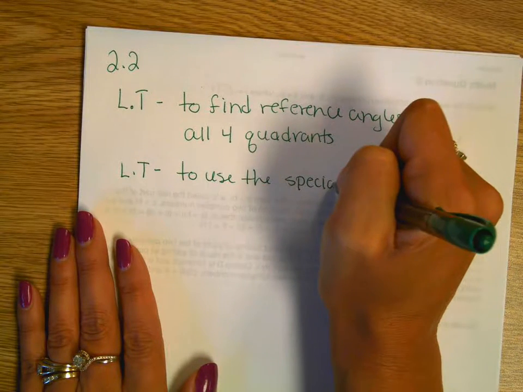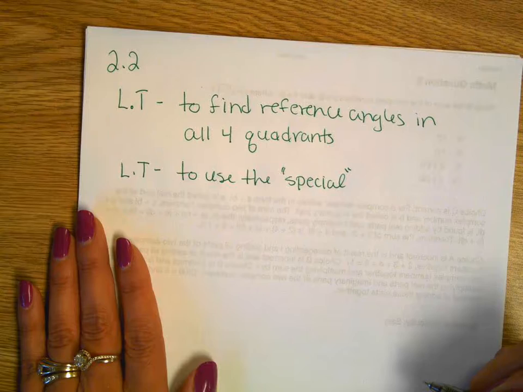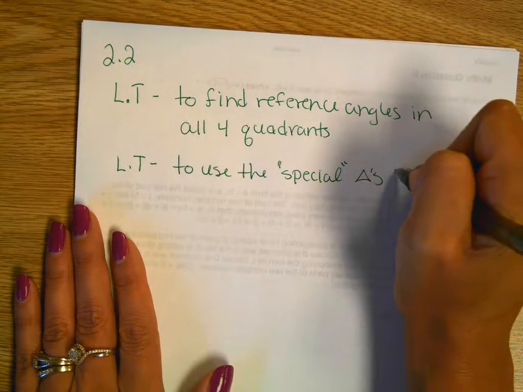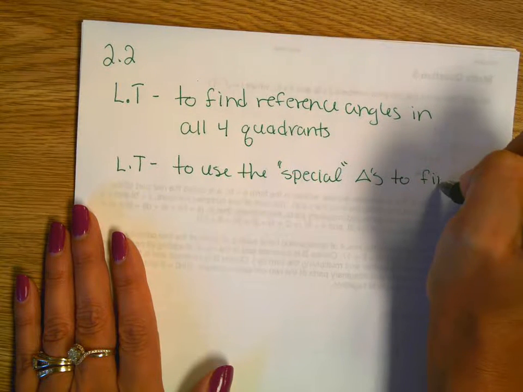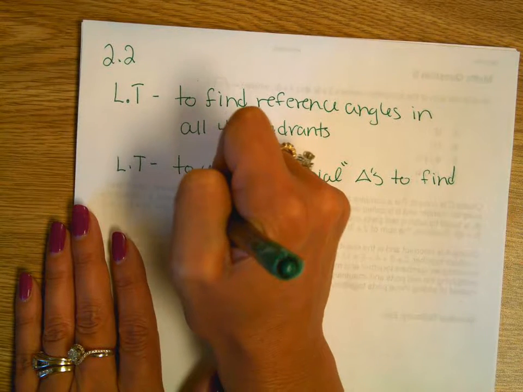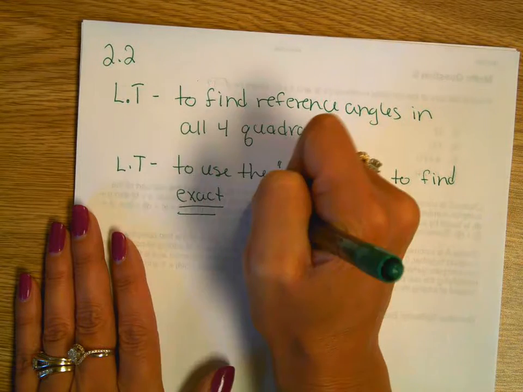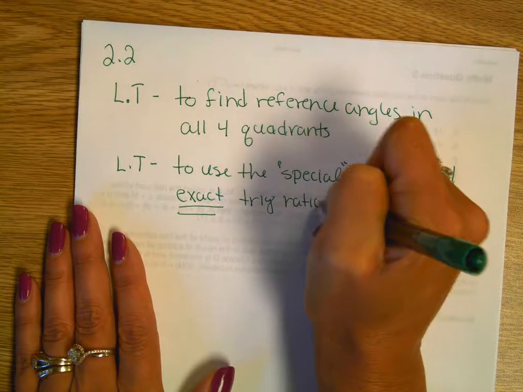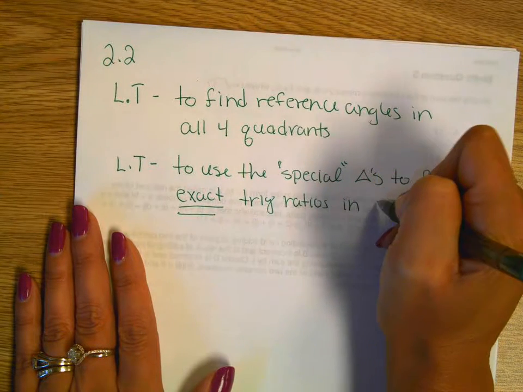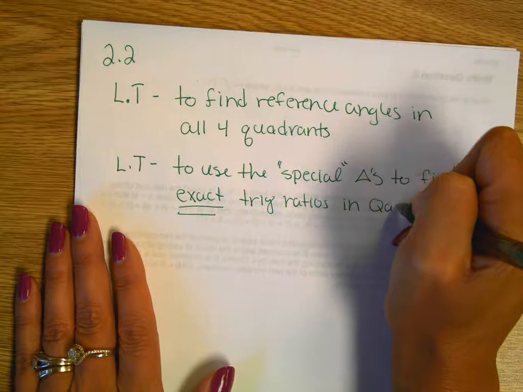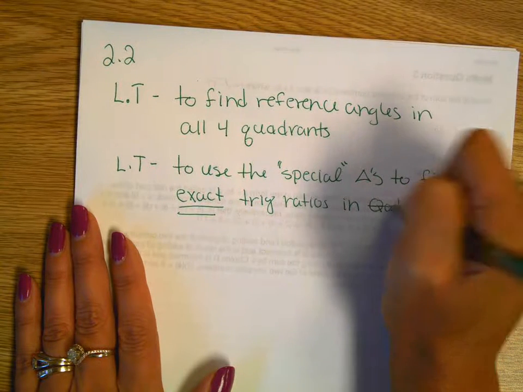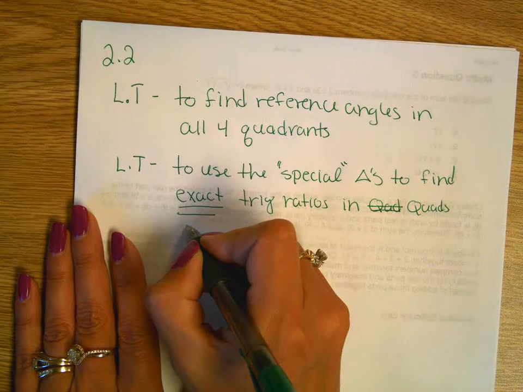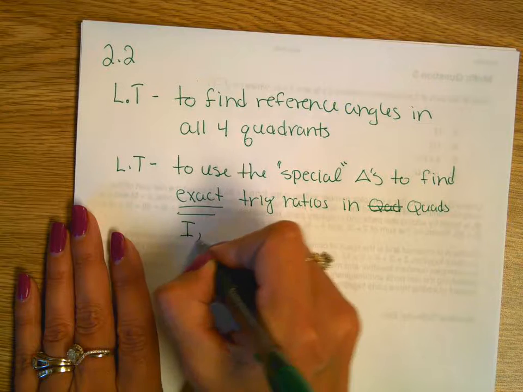What do I mean by special? What made them special? Triangles, to find exact values, I should say exact trig ratios, in quadrants 1, 2, 3, and 4.